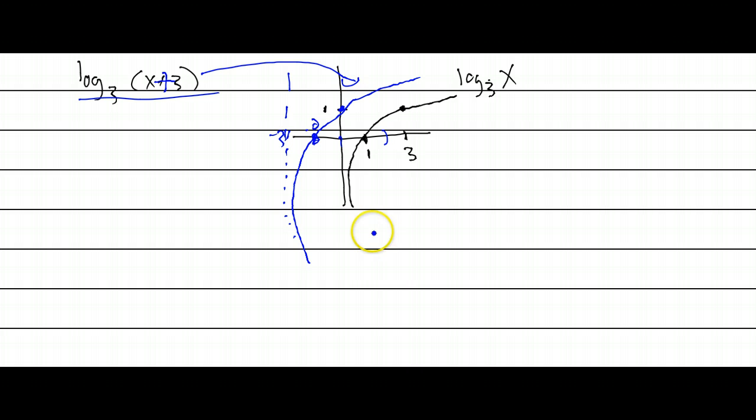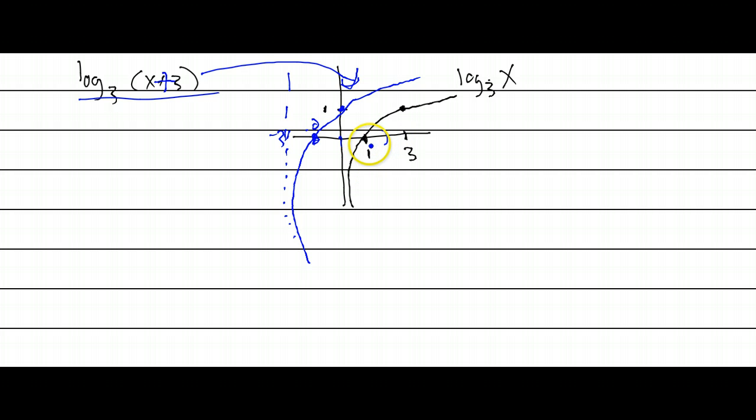Remember when we did transformations first of the absolute value, parabola, and all that. You always have to know how the parent function looks, and then you just move it up or down, left or right. So this is how log base 3 of x looks. So we have log of the quantity x plus 3.